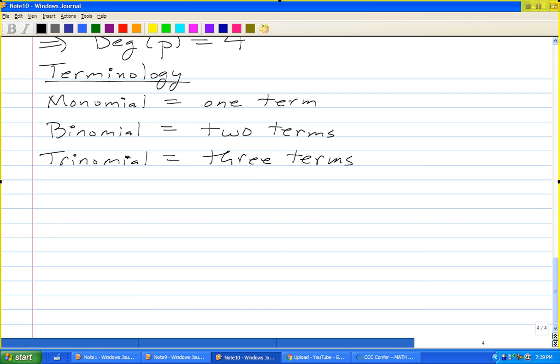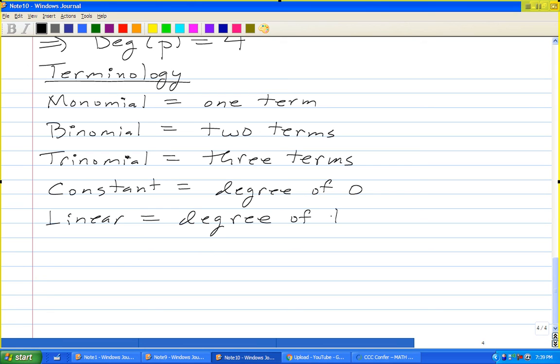A polynomial is called a constant polynomial if the degree of the polynomial is 0. A linear polynomial is a polynomial of degree 1. A quadratic polynomial is a polynomial of degree 2.